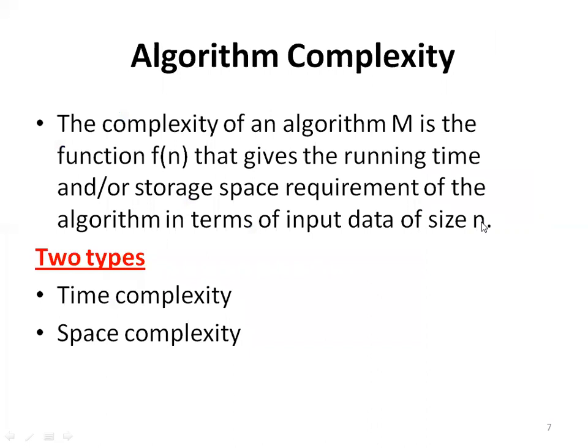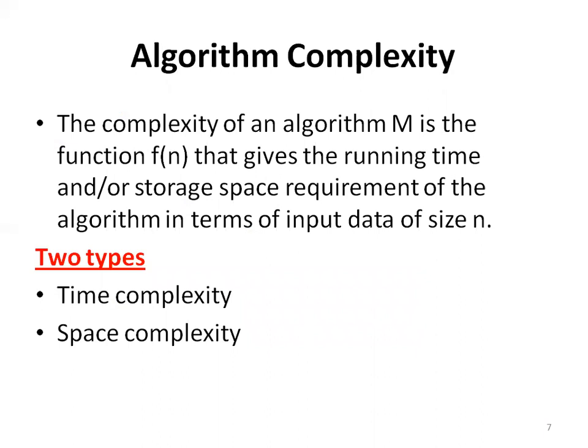Then algorithm complexity. So complexity of an algorithm M is the function f(n) that gives the running time and/or storage space requirement of the algorithm in terms of input data of size n. So basically algorithm complexity can be represented by a function f(n) where n is the input data size.